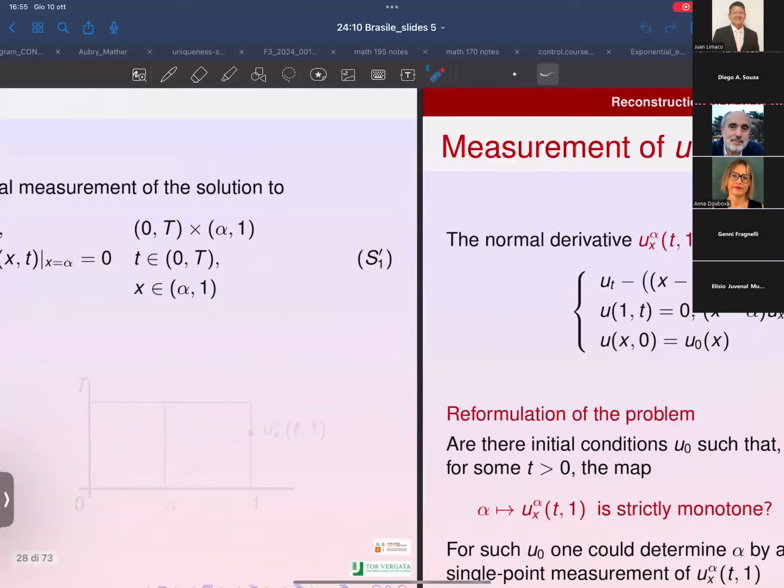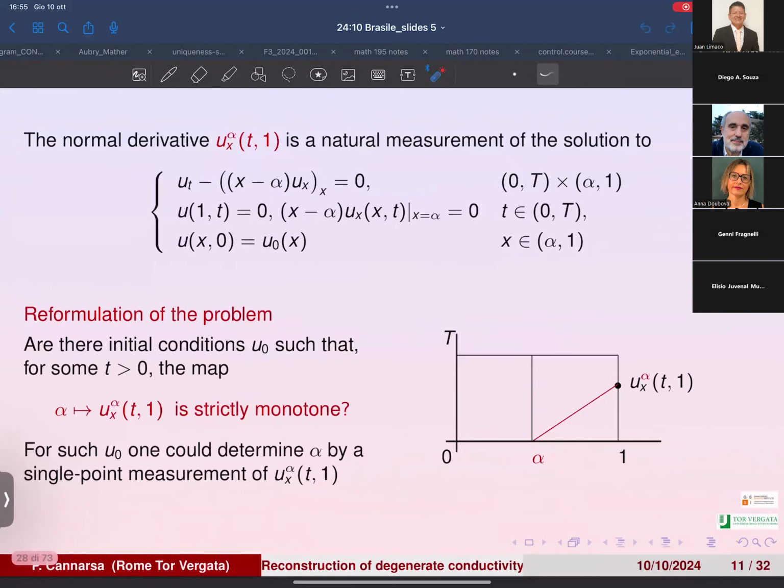Well, you are here between alpha and 1. Well, you can measure the solution at 1. For example, the value of the solution at 1 is 0 because we have a Dirichlet condition. So it is natural to look at the normal derivative at 1.